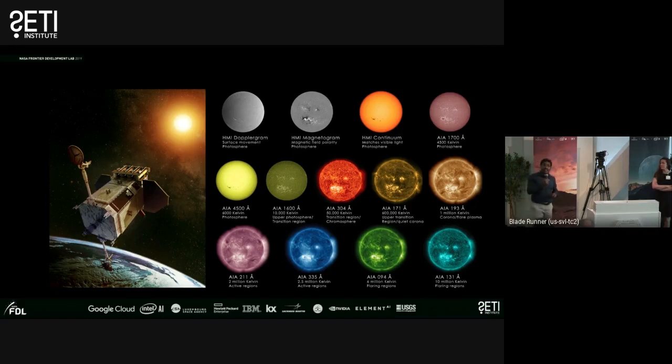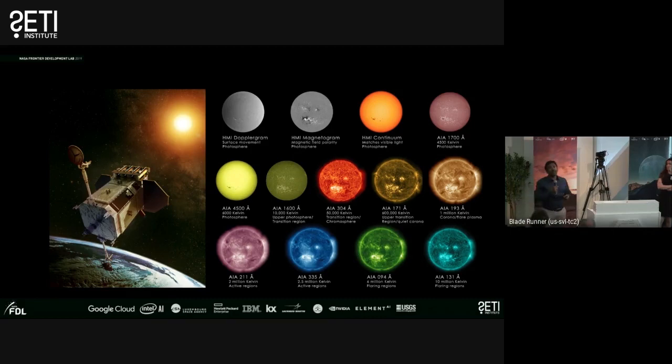Not only this, it provides us with measurements of the magnetic field and the velocity fields on the surface of the sun. So this is a huge amount of data that we have. Despite this, we are still unable to understand, or rather, we are still unable to predict the solar variability. And that is because we have seen the sun from the Earth's perspective.